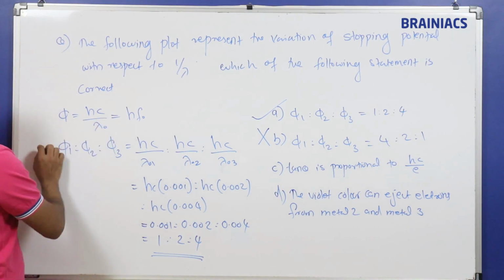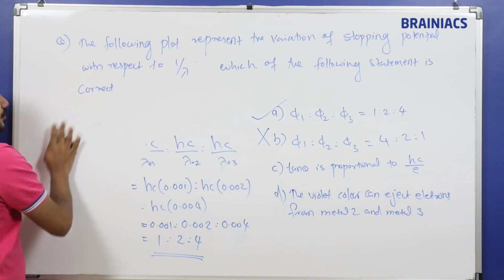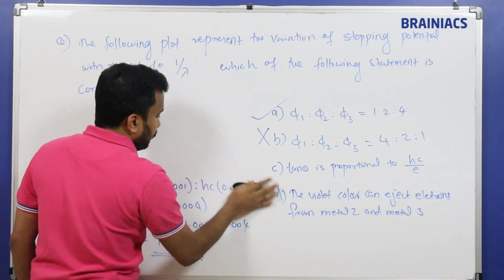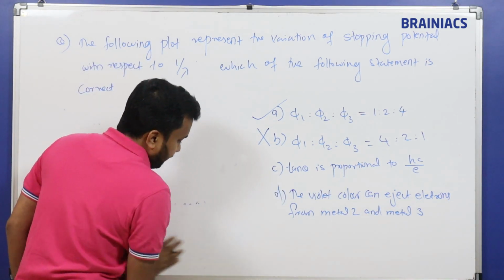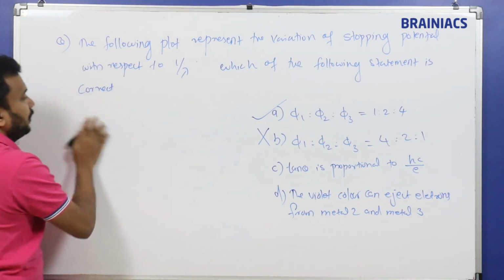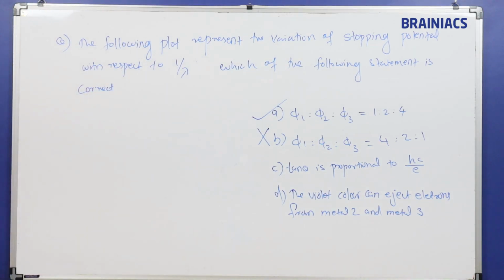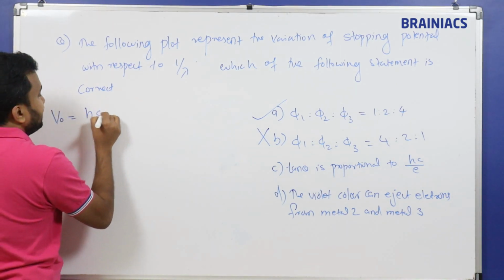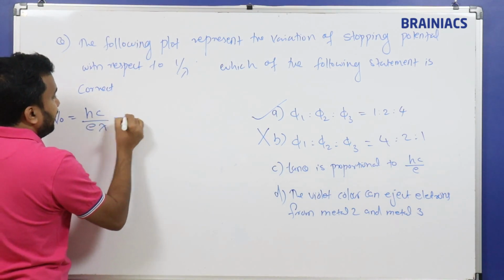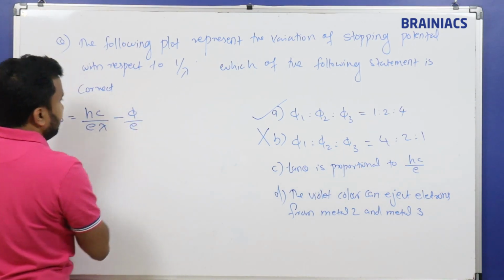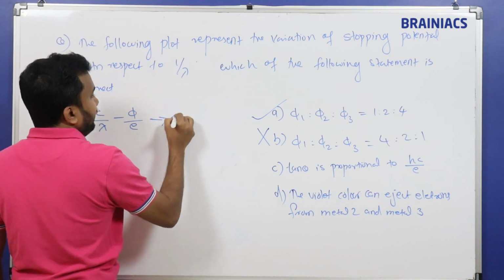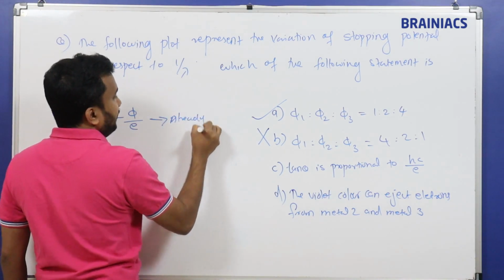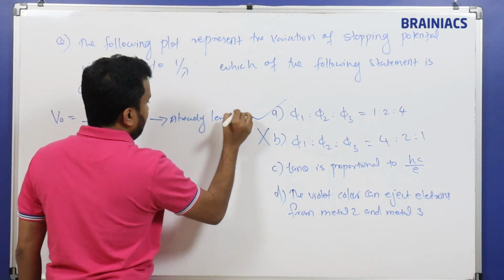Okay, the first part I answered, so I am clearing the board and going to the second part. What is the equation for stopping potential versus 1 by lambda? The equation is V naught is equal to hc by e lambda minus phi by e. This topic we already learnt.